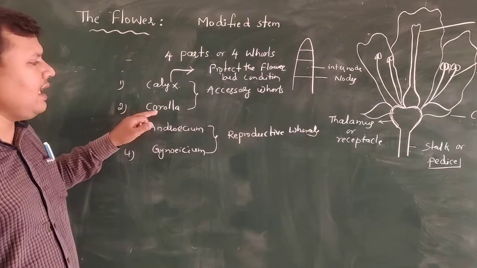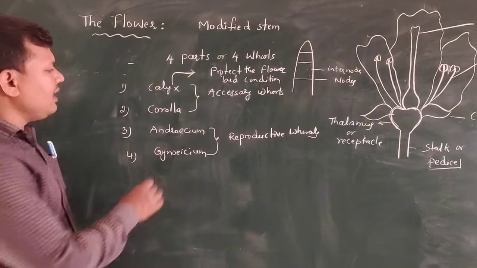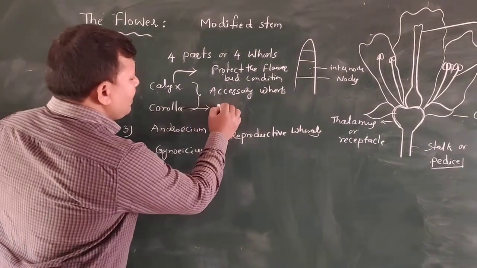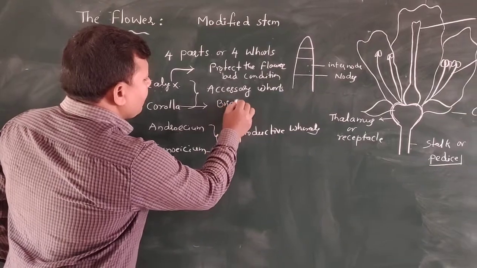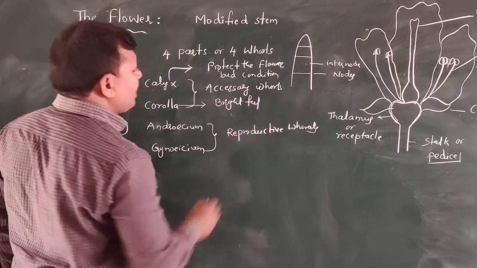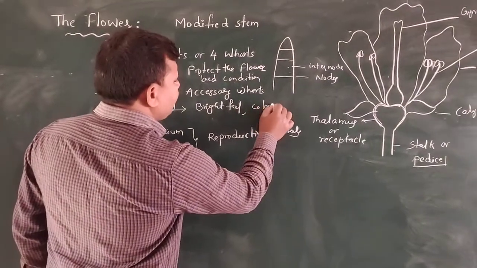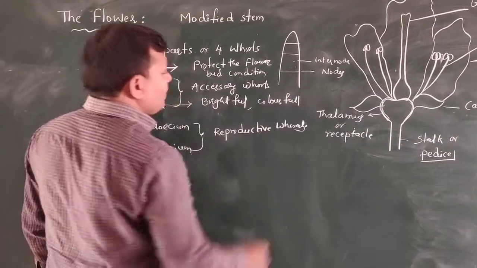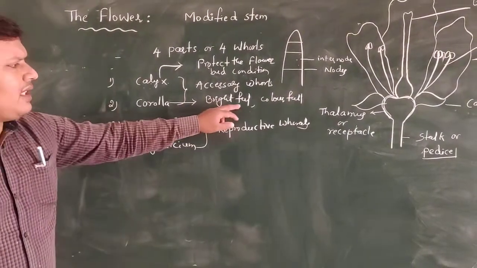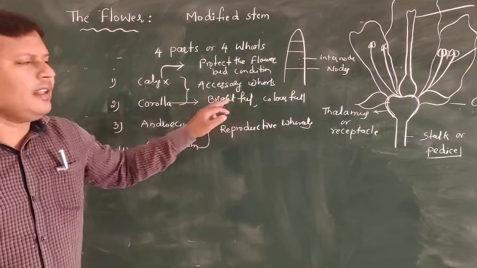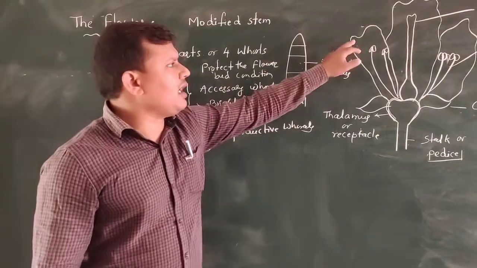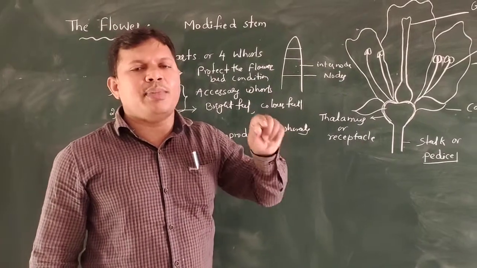The second one is the corolla. The corolla is normally bright and colorful. Because of this nature, the corolla attracts the pollinators.